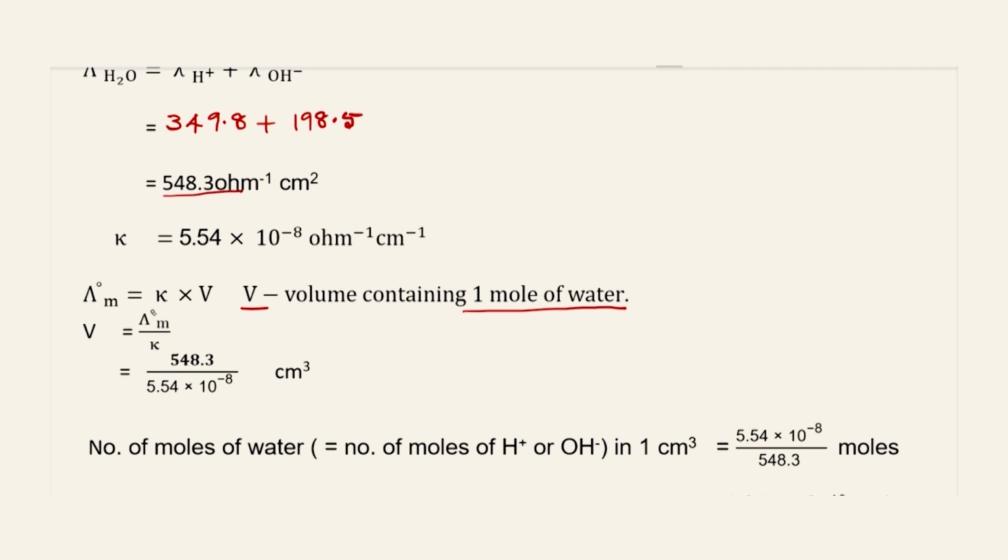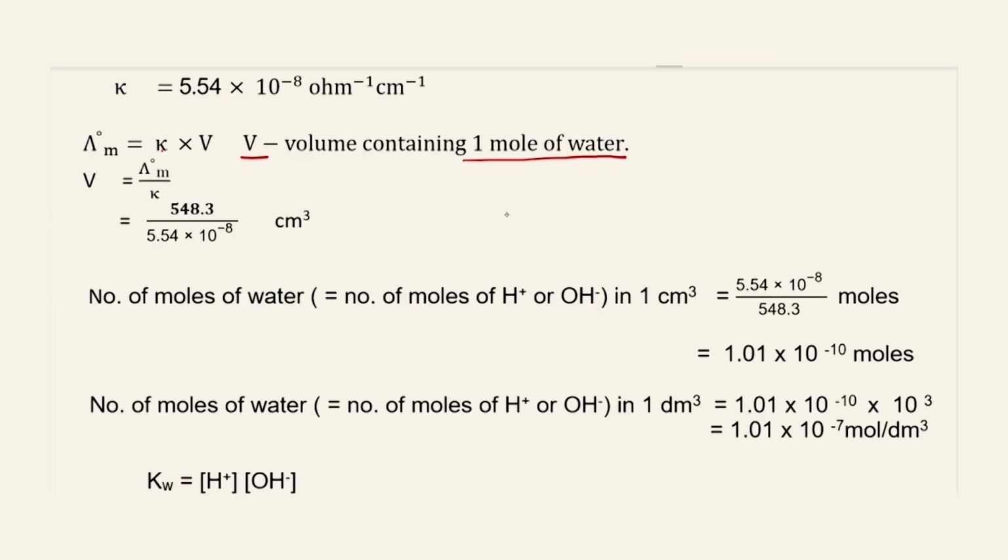By rearranging this, kappa comes to the denominator. Now, substituting these two values, lambda 0 m, which we have calculated using Kohlrausch's law, that is 548.3 divided by kappa, which is given as 5.54 into 10 to the power minus 8. So much centimeter cube will be the volume occupied by 1 mole of water.